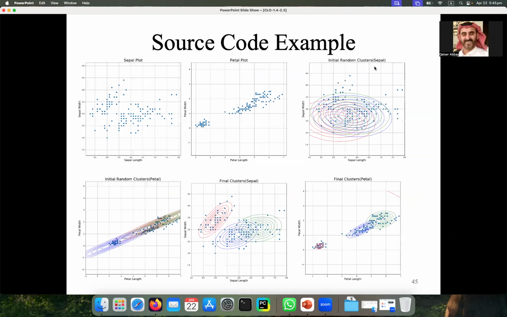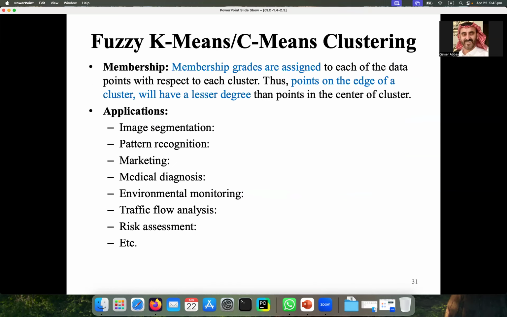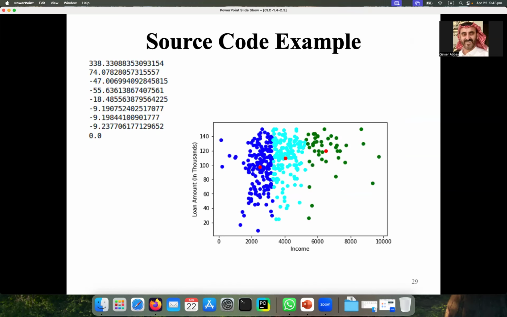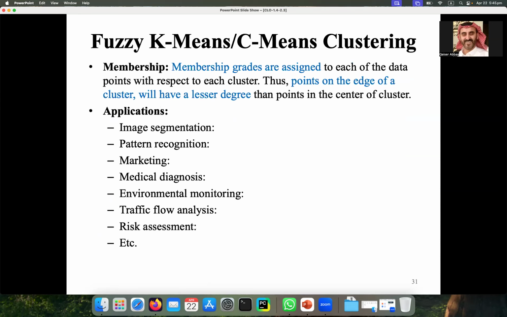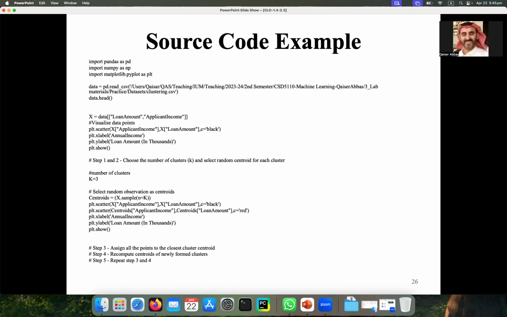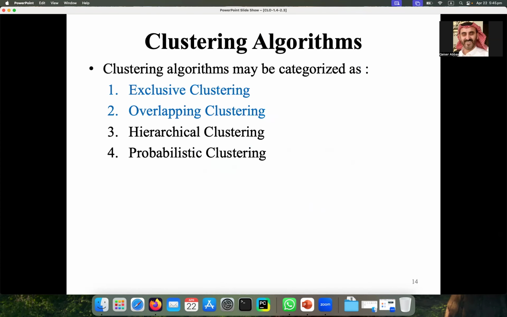Previously, we were looking at this topic of clustering, and we covered fuzzy k-means or c-means clustering. Fuzzy clustering was the category of what was that?